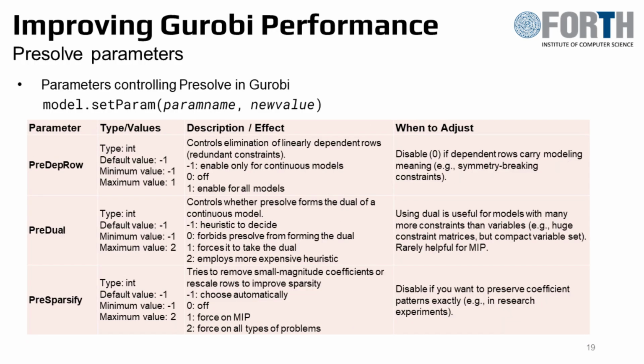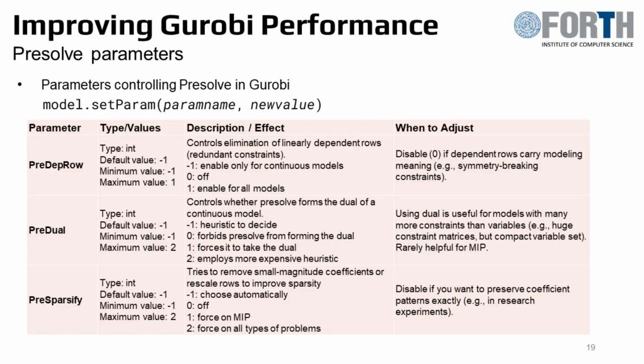Additional presolve-related parameters refine specific behaviors. The parameter PreDepRow controls the elimination of linearly dependent rows. If dependent rows encode modeling structure, such as symmetry-breaking constraints, you may want to disable this elimination. The parameter PreDual controls whether presolve forms the dual of a continuous model. This can be beneficial when the model has many more constraints than variables.